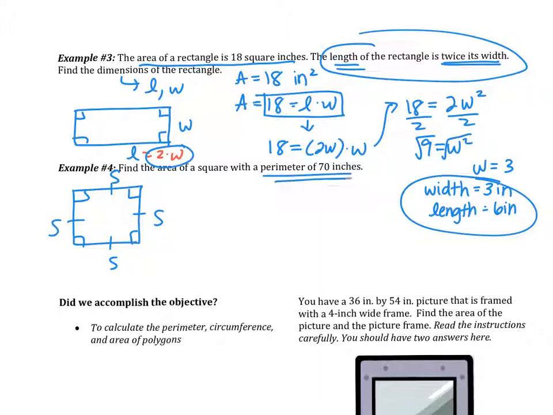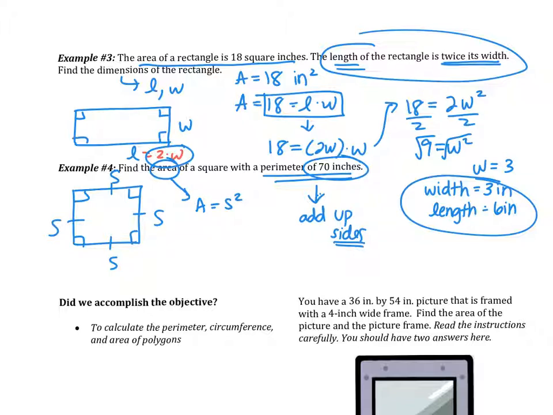That perimeter of 70 happens when you add up the sides. You are asked to find the area. Area is the side squared, or side times side. So what you're going to have to do is use that perimeter of 70, find the length of a side, and then find the area.